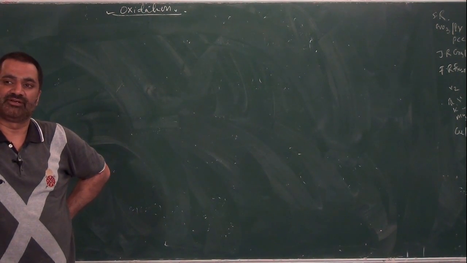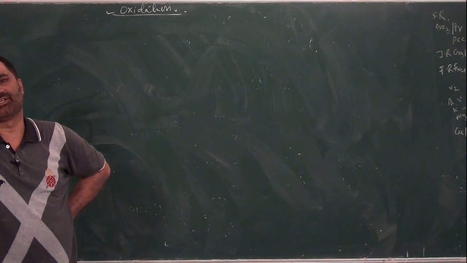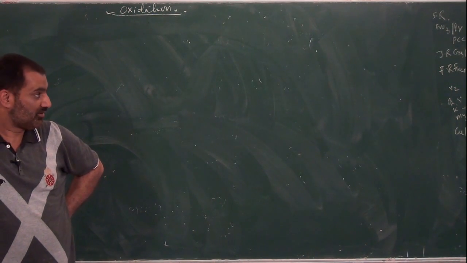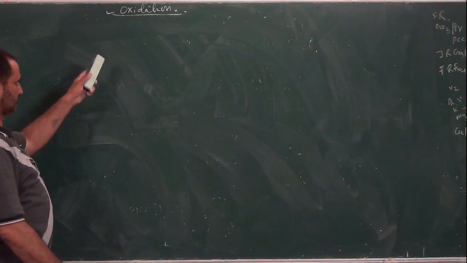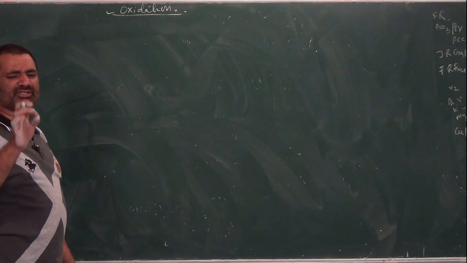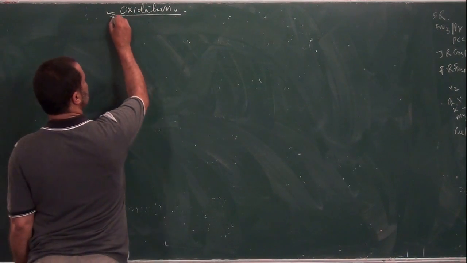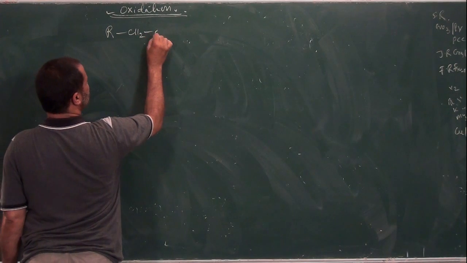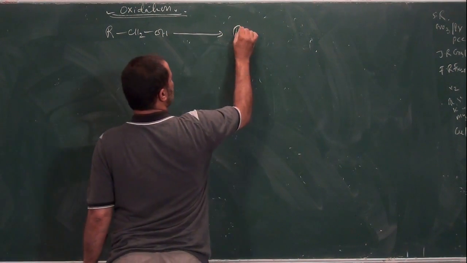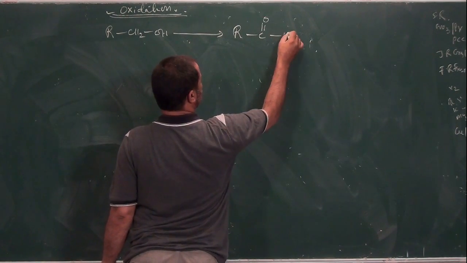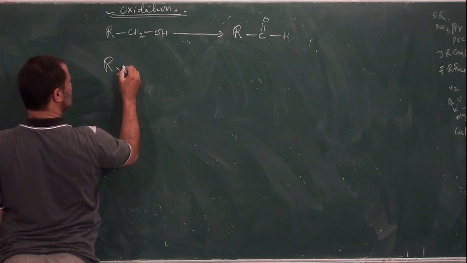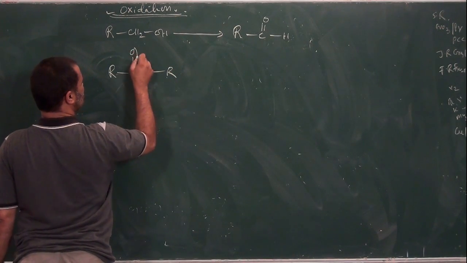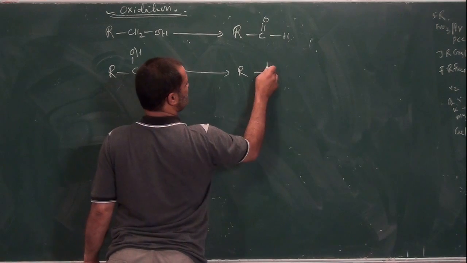Those reactions were simple repetition; we didn't discuss them in detail. Our main and prime concern is the oxidation of alcohols, and I will give you the simplest possible technique for this oxidation. Alcohol RCH2OH gives RCHO, and R2CHOH gives R2CO, that is RCOR.